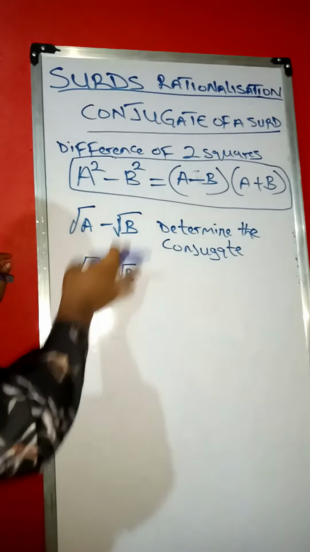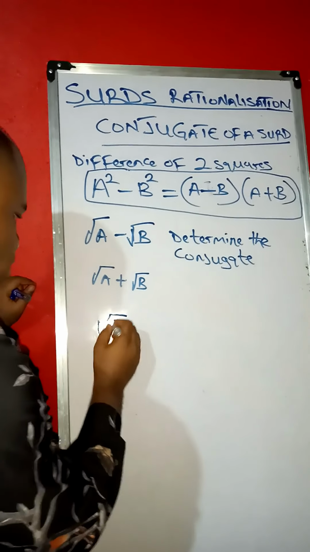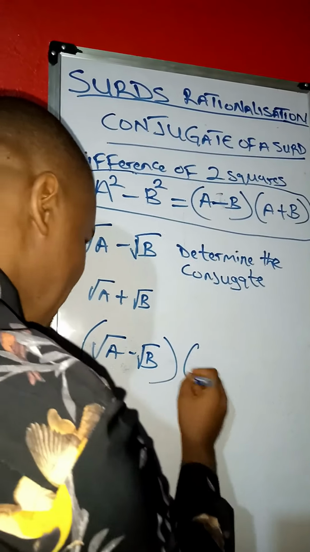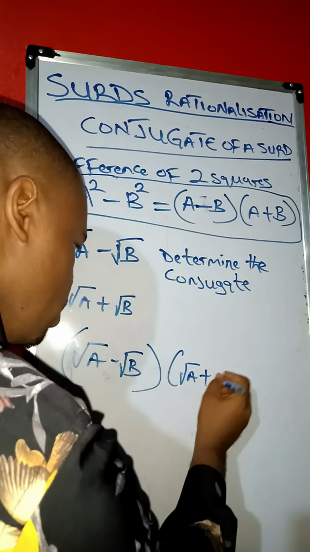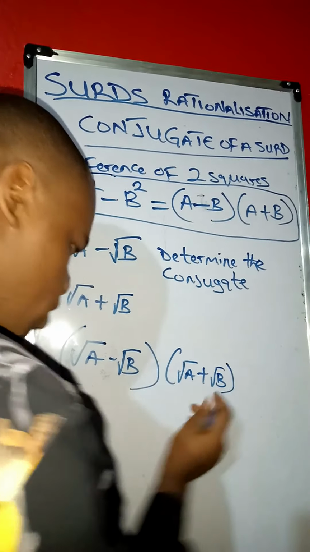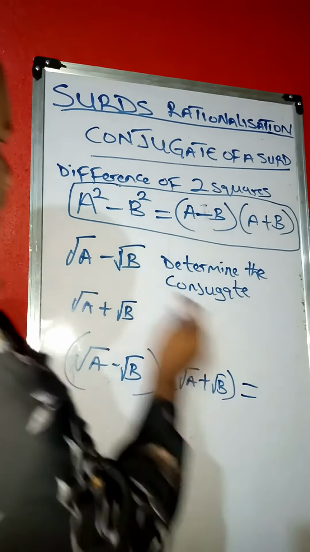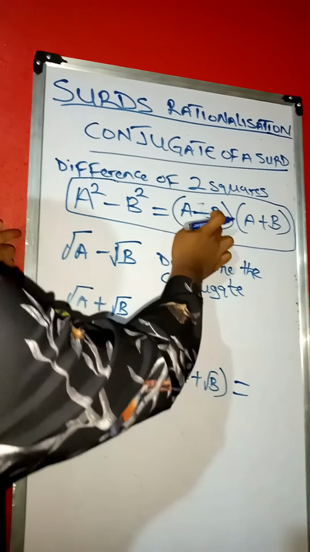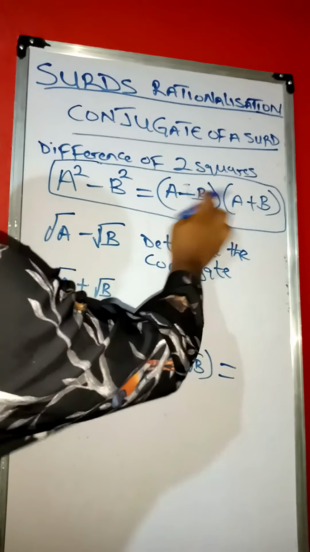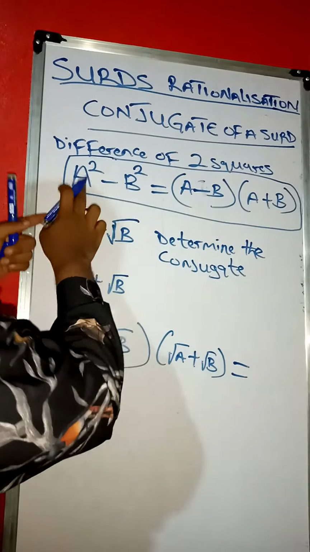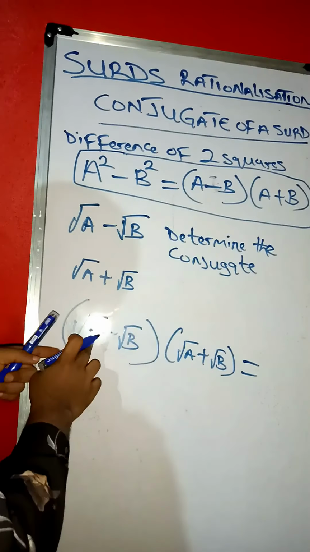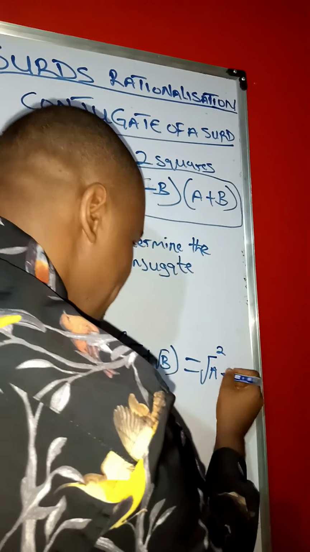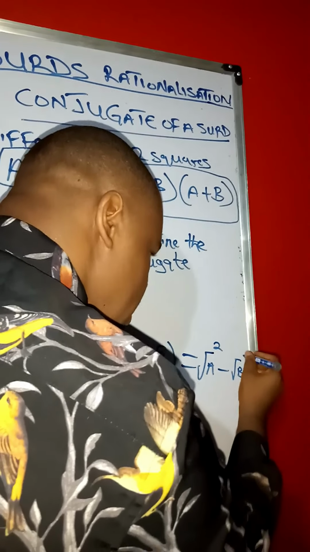Because when I multiply this, that's root a minus root b, brackets, root a plus root b, because I'm multiplying conjugates. This is the formula, this is the rule. If this is my root a, root b, root a, root b, just the sign that is different, it will give me a squared minus b squared. So for this one, it will be root a squared minus root b squared.